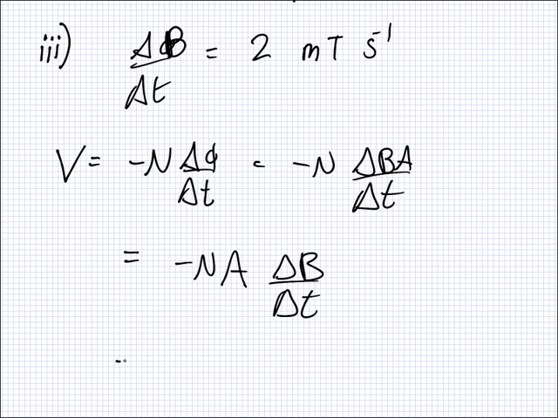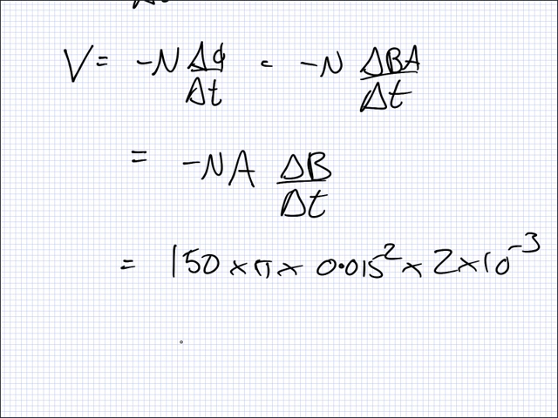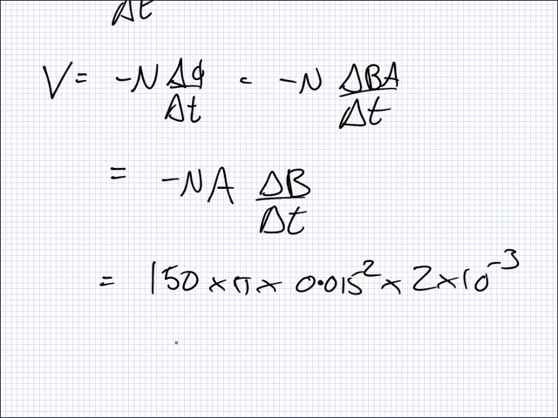The N is 150. So just putting in all the numbers. 2.12 times 10 to the minus 4 volts? Yeah. Super. What's next?